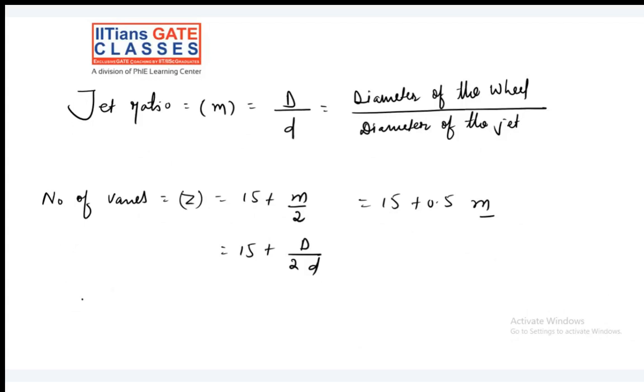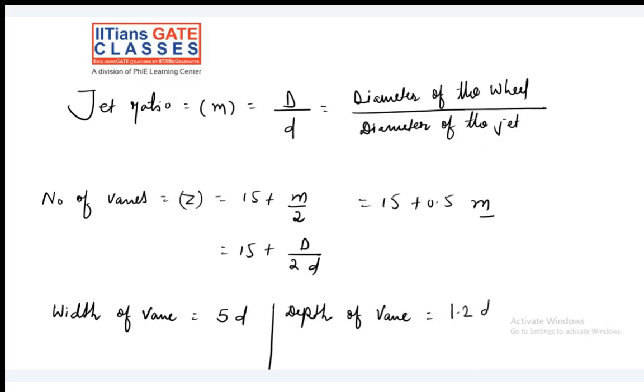and then width of vane, this is equal to 5 times the diameter small d, and depth of vane, this is equal to 1.2 times the diameter. And what is the number of jets?